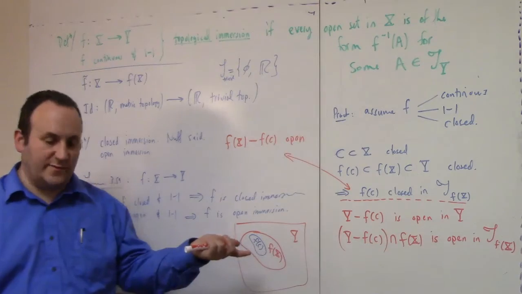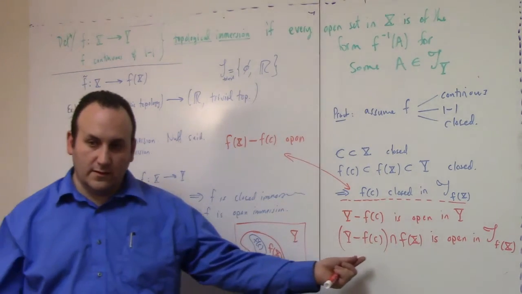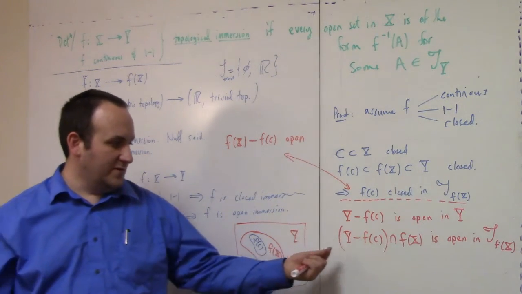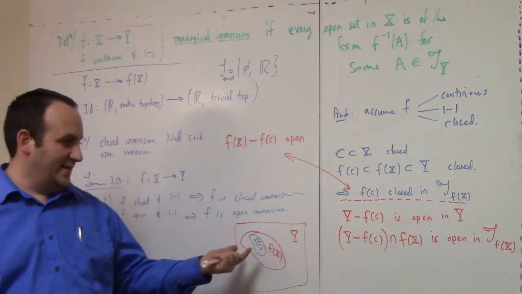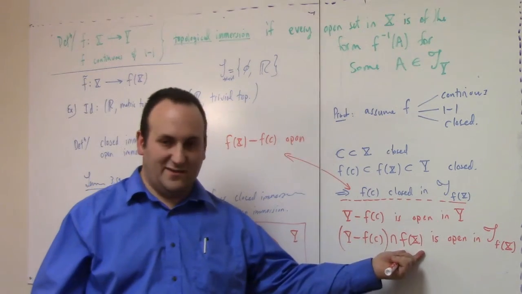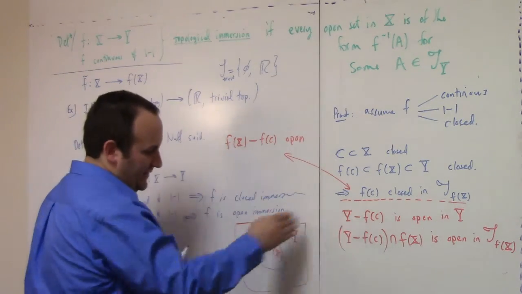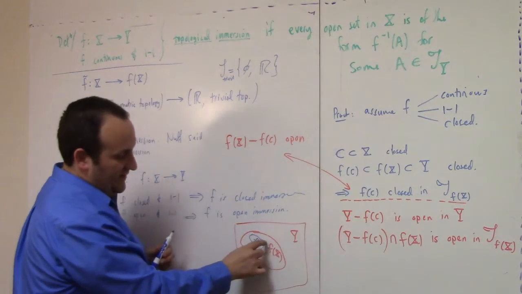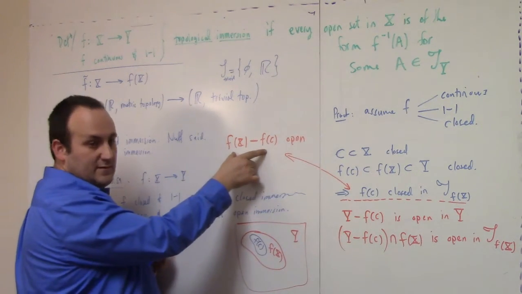We're done with this argument, is my point, though, because if you look at this, if I take Y and remove f of C, and then I'm intersecting that with the image of X, this intersection throws out everything outside f of X, and then this removes f of C. So what you're left with is precisely this.